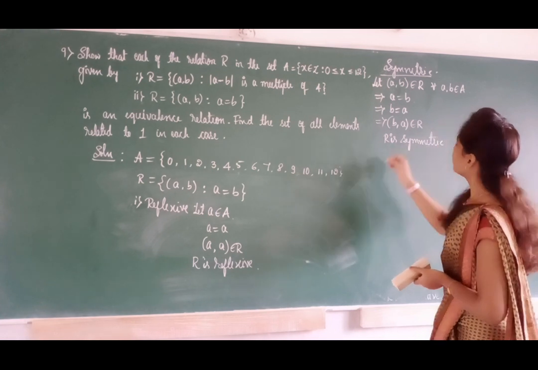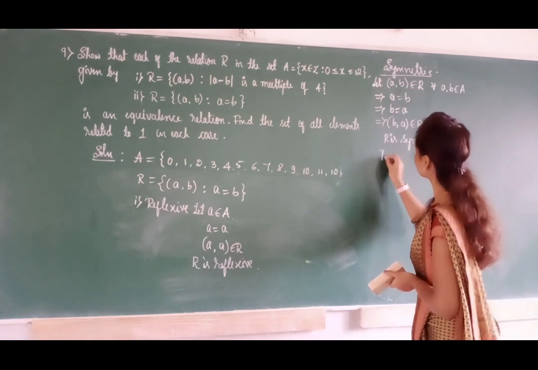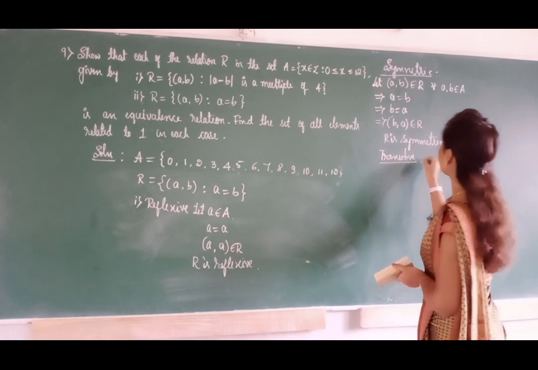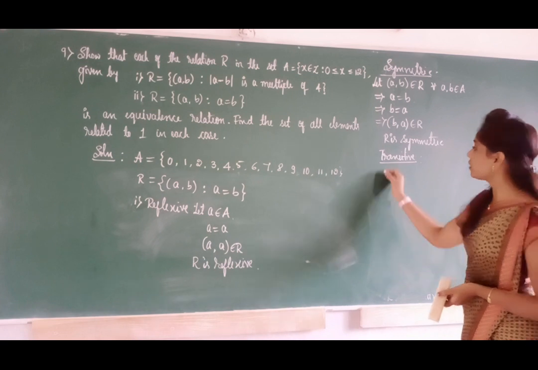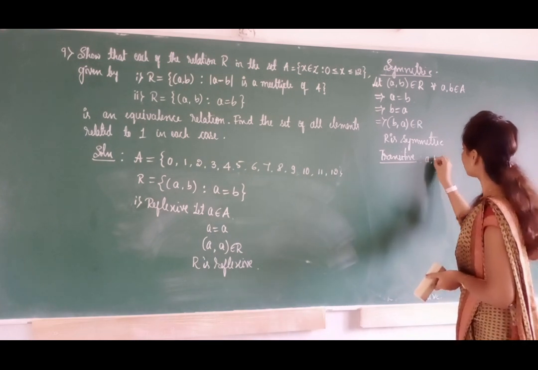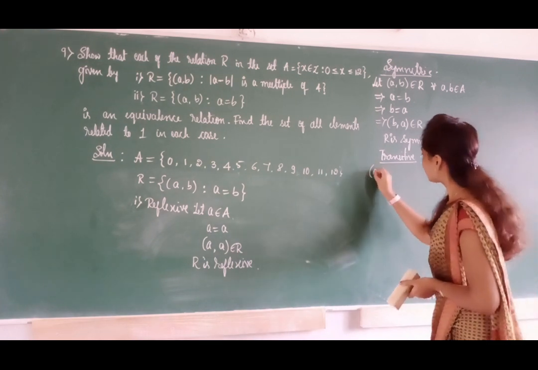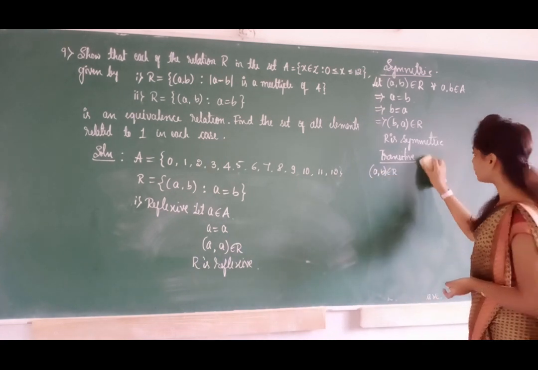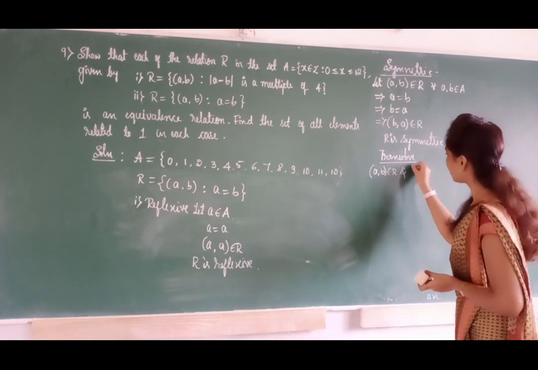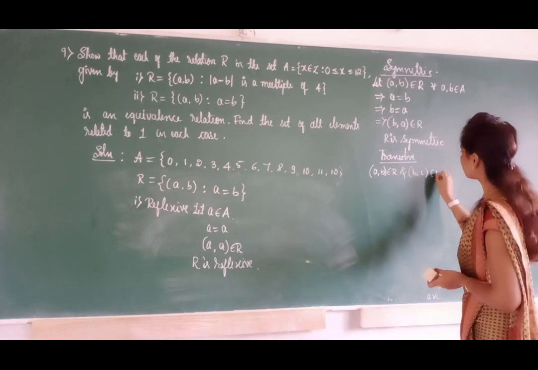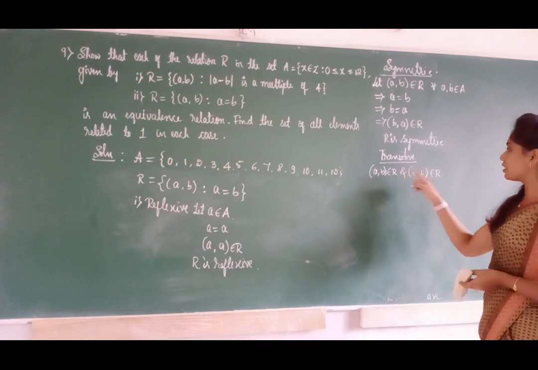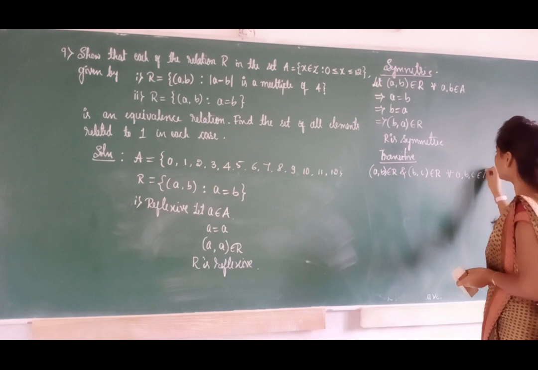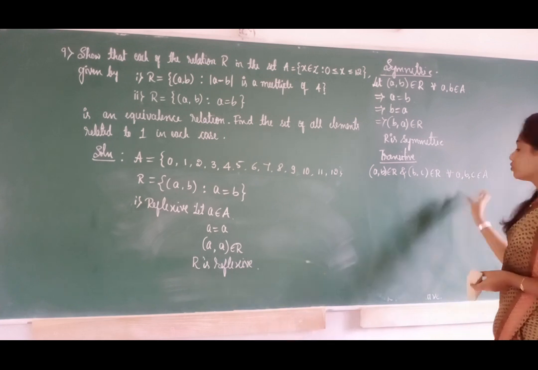Now the third one is transitive. Transitivity. First we have to take ordered pair AB belongs to R, and ordered pair BC belongs to R, for all the elements A, B, C belonging to the set A. Don't forget this.